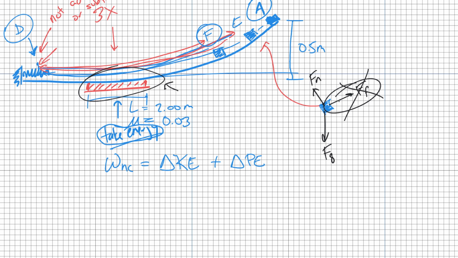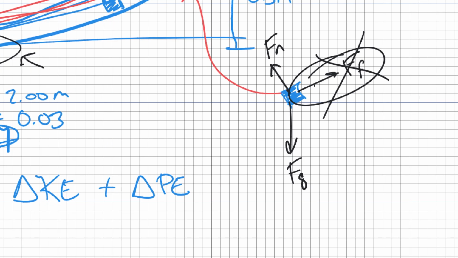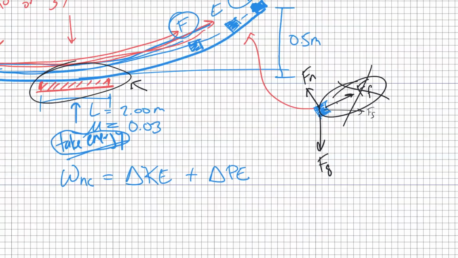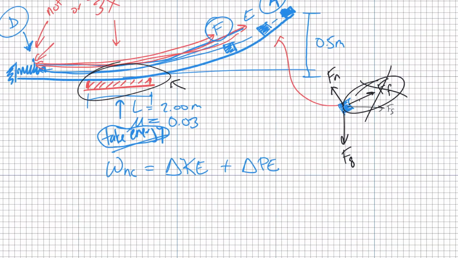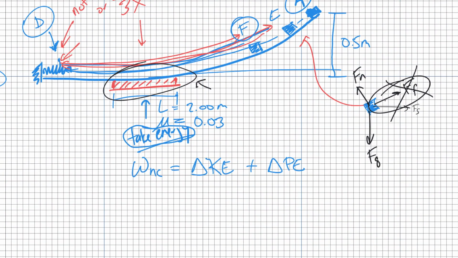But the point being that these are the forces that I need to think about, right? Technically, there's a spring force in here, and so I could include that as well. So in doing a little free body diagram here, I could put a little force of the spring going that way. The point here is not a rigorous free body diagram, because really I would need one where there's no energy being lost, one where there is energy being lost, and one here, and that's a lot of free body diagrams.